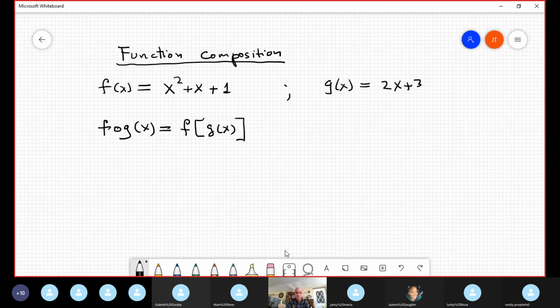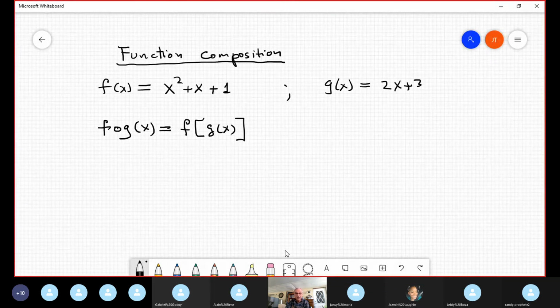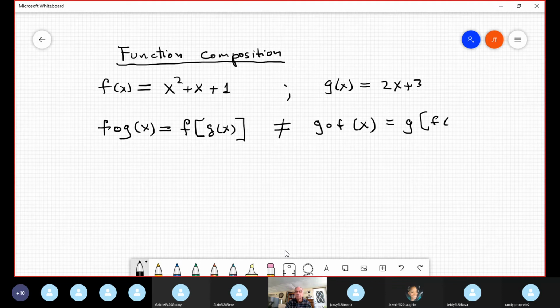Suppose I want to express the new expression that represents the composition in the other order. And guys, it's completely different. So the composition is not commutative. We can do it that way, but it's a different answer. So when you do it in this order, don't expect this expression or this numerical value to be equal to this.